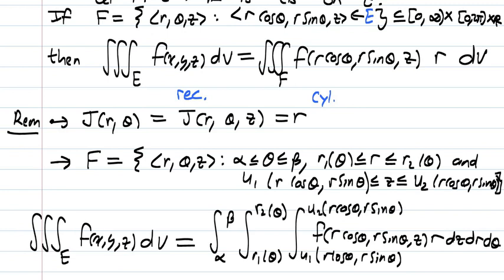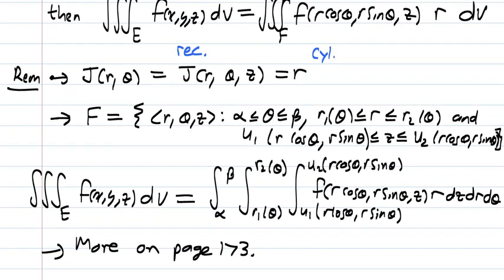Then we can say that the triple integral of f over region E can be written as an iterated integral: an integral from alpha to beta, an integral from r1 to r2, an integral from u1 to u2, where r1, r2, u1 and u2 are functions. R1, r2 in terms of theta, u1 and u2 in terms of r and theta, of the integrand times the special factor r, dz, dr, d theta.